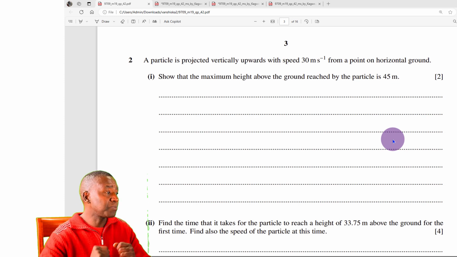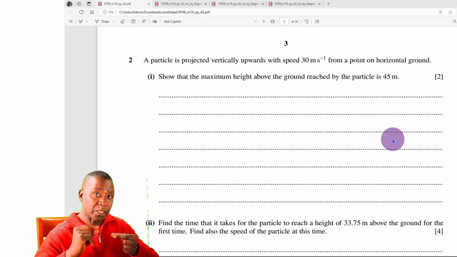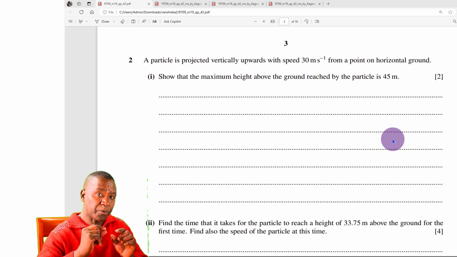So it will have a speed of 30 meters per second. But of course, its velocity will be different, because its velocity will have a direction, and the direction is vertically downwards. So it was projected upwards with a speed of 30 meters per second. When it comes back to the point of projection, its speed will be 30 meters per second downwards.